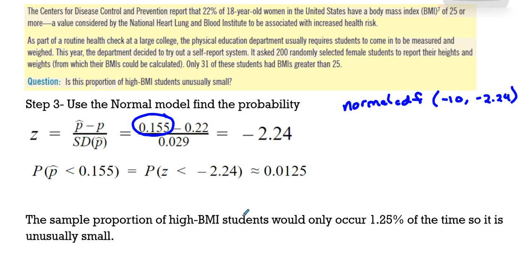So it is unusually small, right? If this truly is our proportion in the population, the likelihood that we would have gotten that sample proportion of 15.5% is really unlikely, right? So is this proportion of high BMI students unusually small? Yeah, it is.